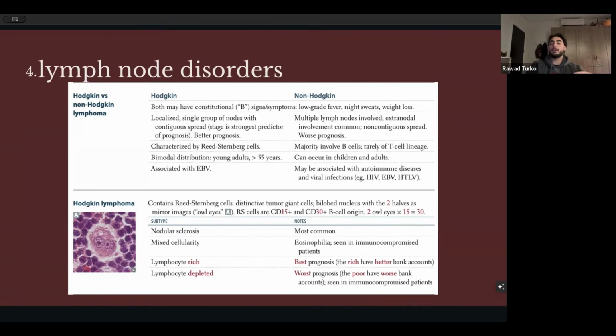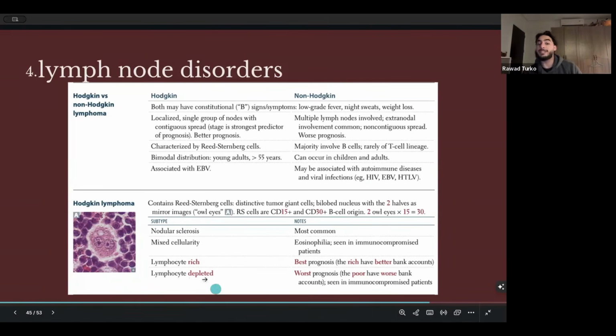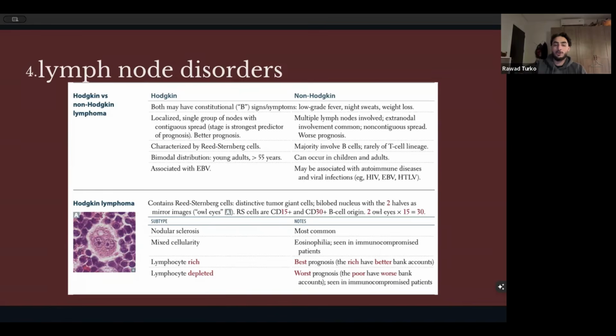Most of the mass is taken up by the reactive cells that the cytokines released from the Reed-Sternberg cells is going to gather. Okay, but in lymphocyte depleted subtypes of Hodgkin's lymphoma, it's going to have a worse prognosis, and that's because there's not a lot of reactive cells that are going to gather in that area. It's actually going to be mostly the Reed-Sternberg cells.